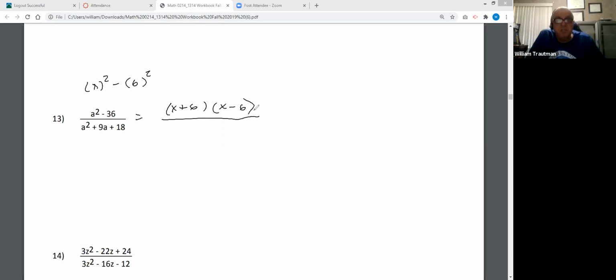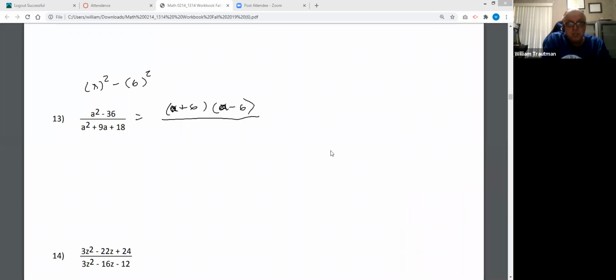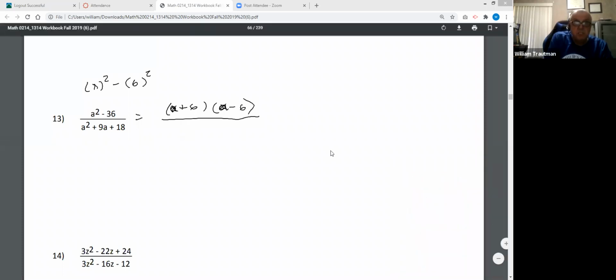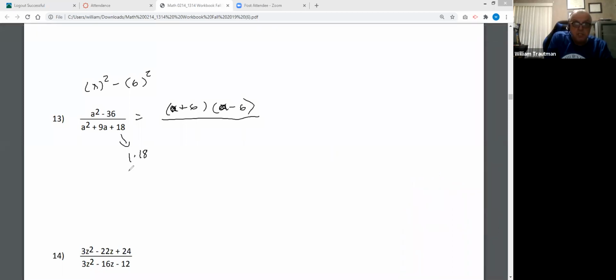That top should have been factored very quickly because a is a squared, or I should have used a instead of x, sorry. And 36 is 6 times 6. The bottom, since there's a 1 in front of the a squared, 1 times 18, 2 times 9, 3 times 6.